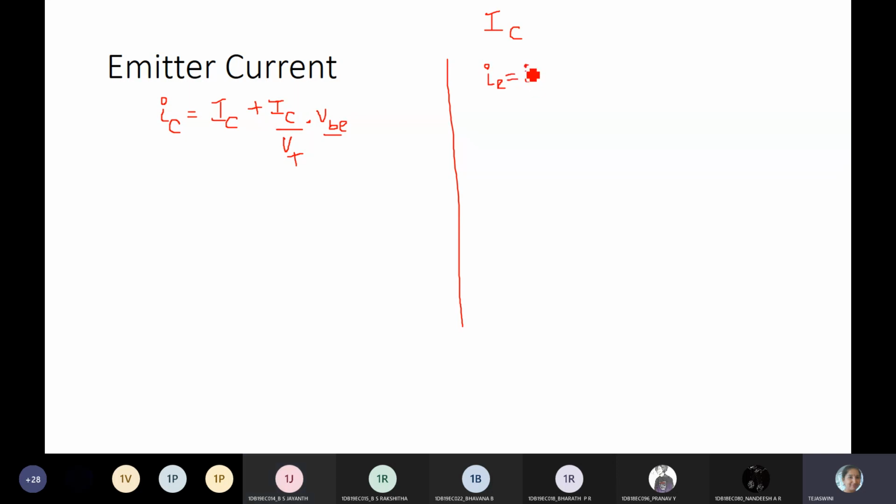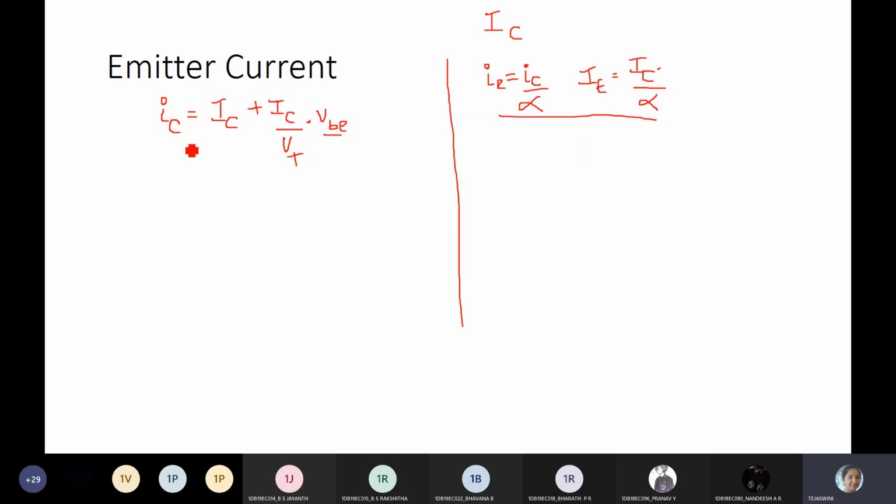If it is capital IE, what notation am I supposed to use? No, IE again, it is capital IC by alpha, DC current. Yes, ma'am. IC by alpha, okay? Just keep in mind these notations.